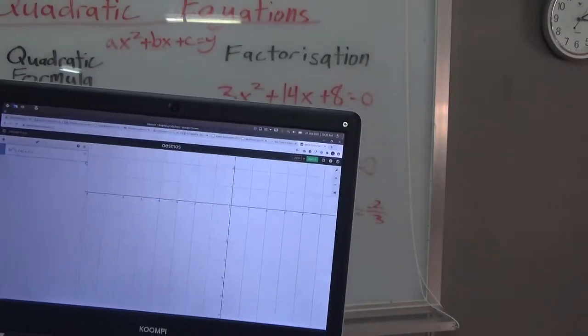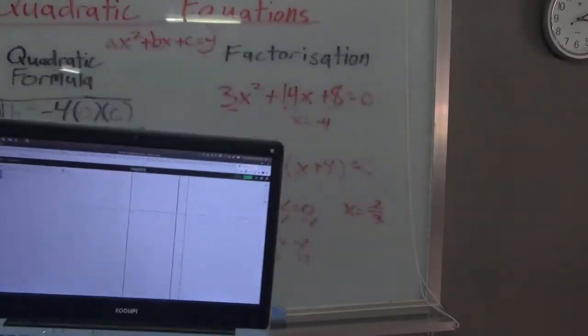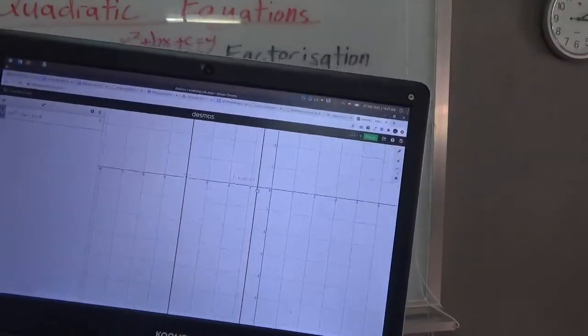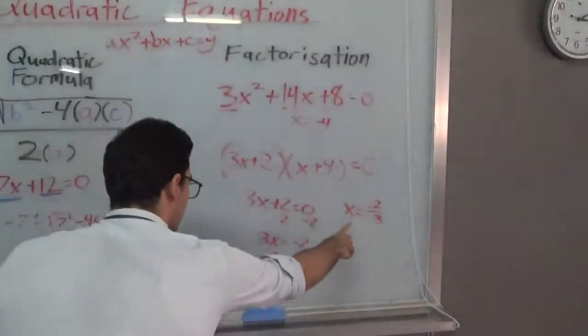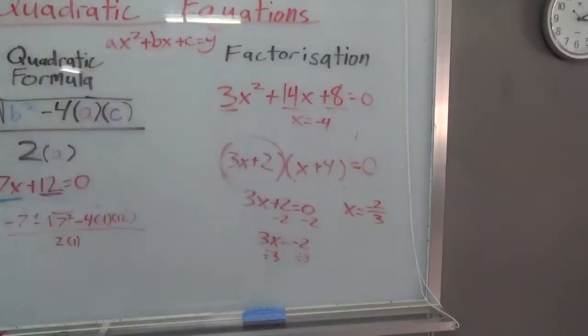So if we set this equal to 0, you can visualize it a bit easier. Negative 4 and negative 2/3. All right, so we have done it correctly.